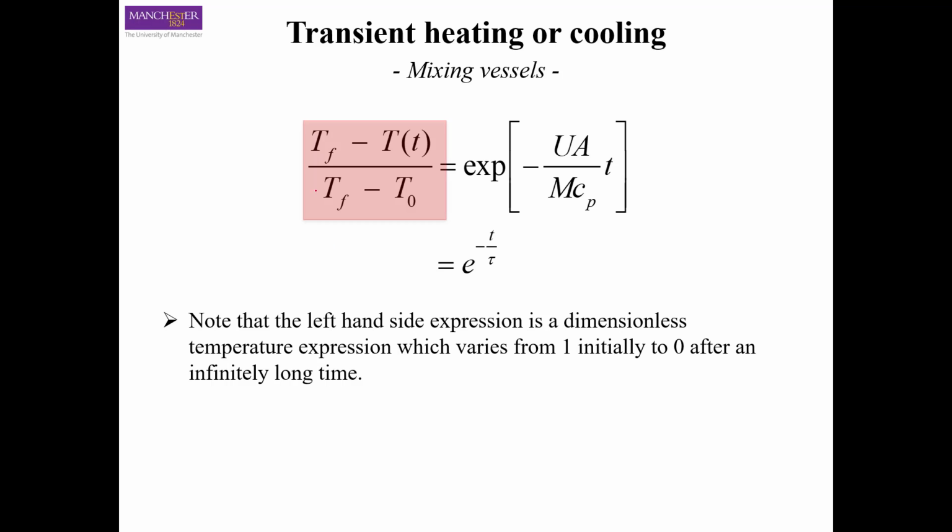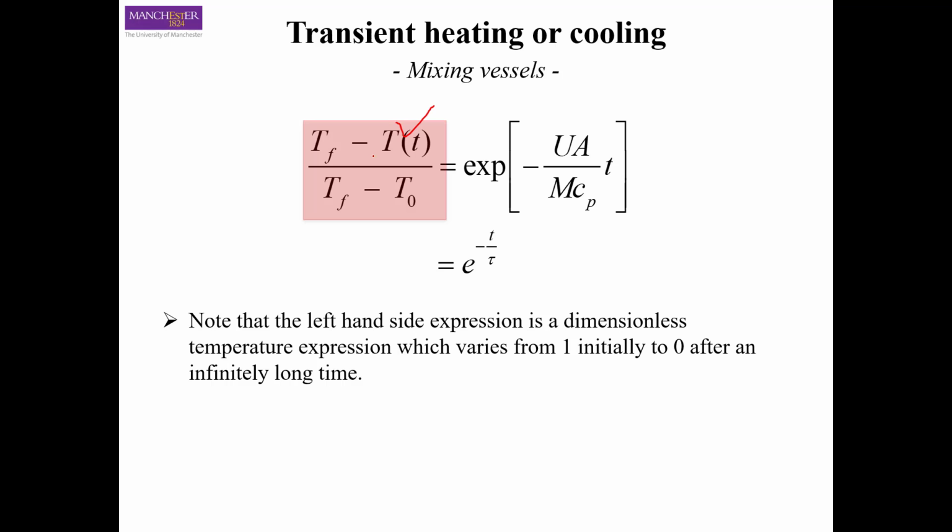Now, if you look at what this equation is showing you, if you increase the time to infinity, it means that you give the heating fluid a very long time to heat the bulk of the fluid, the batch fluid. After a time of t equal to infinity, your temperature T, which is a function of time, will reach Tf.